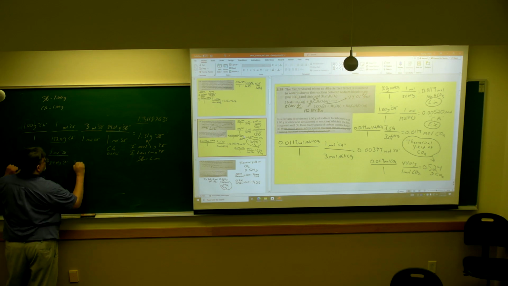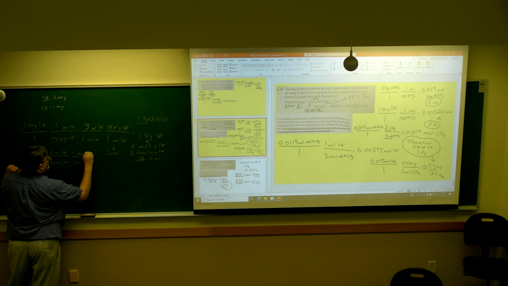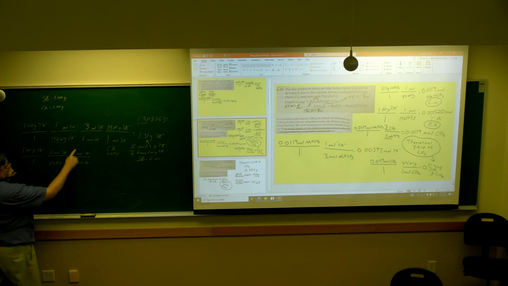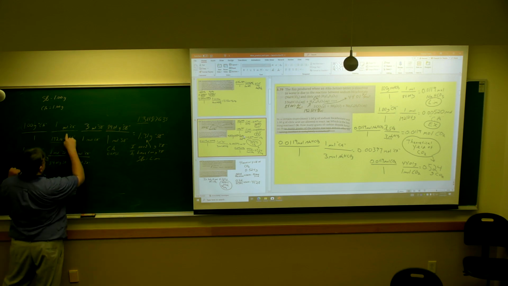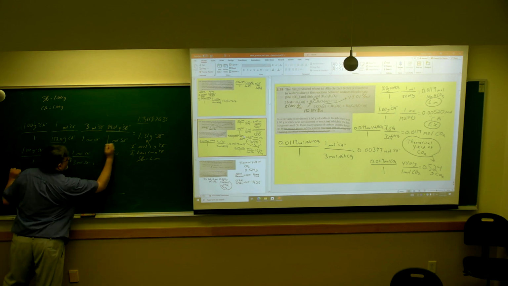And 3 moles of sodium bicarbonate, 1 mole. So that's this, and then here, 1 mole.